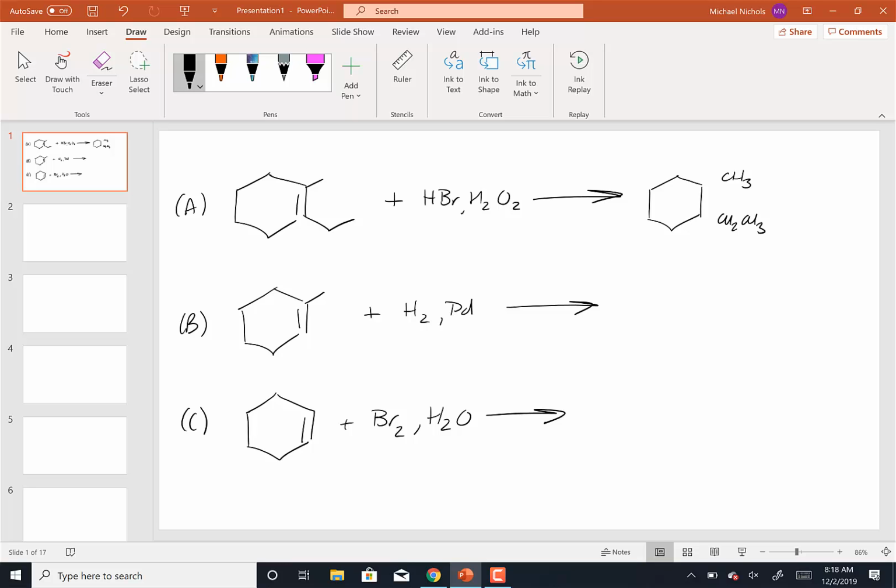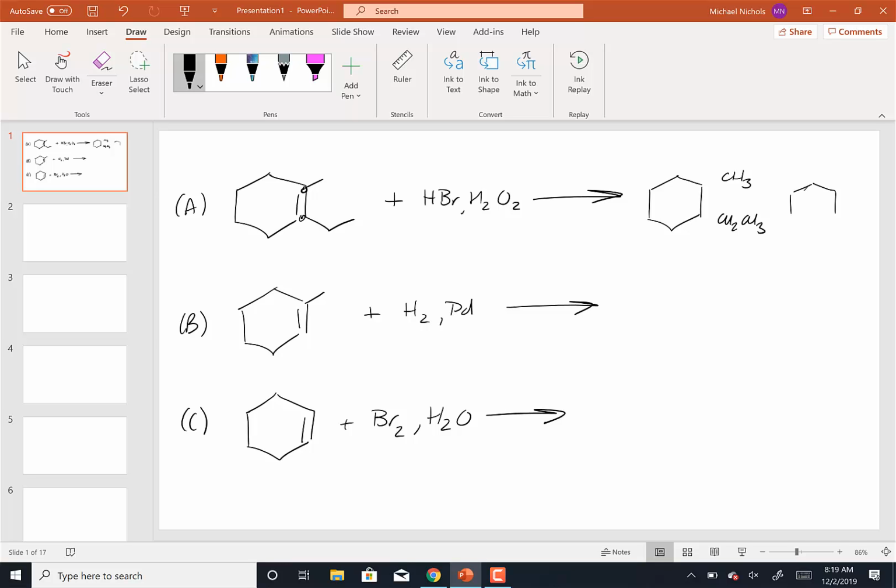In anti-Markovnikov, the carbon that is most substituted should get the hydrogen. Which carbon is that, the top or the bottom? They have the same number of hydrogens. These two carbons have the same number of hydrogens, which is 0. So what does that mean?